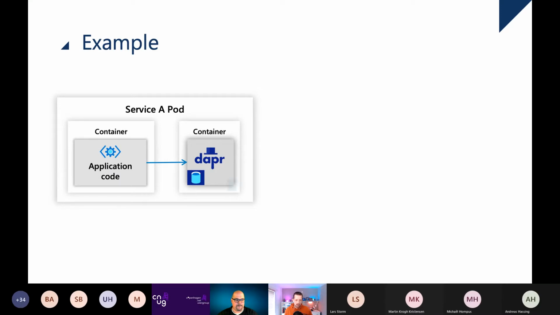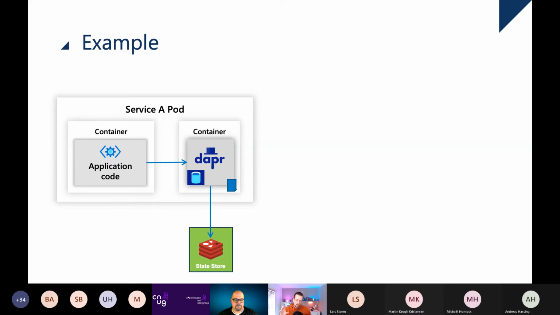Then the Dapr sidecar will look at its configuration, which is just a YAML configuration file, to see which state store implementation I have selected. Let's say I've got this set up to store the state in Redis. Then the Dapr sidecar will use the Redis component to store that state inside the Redis database.